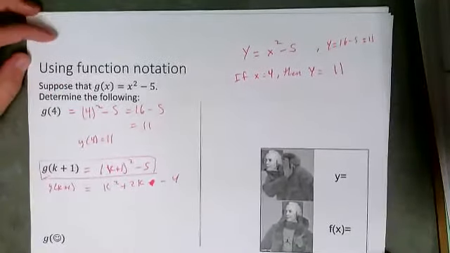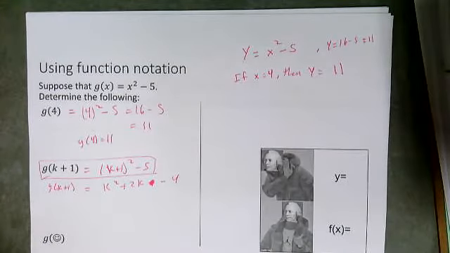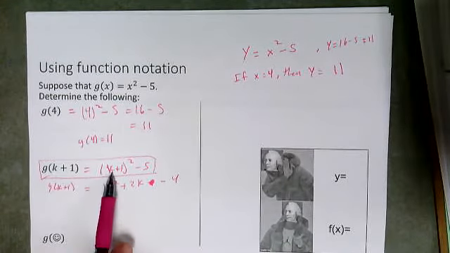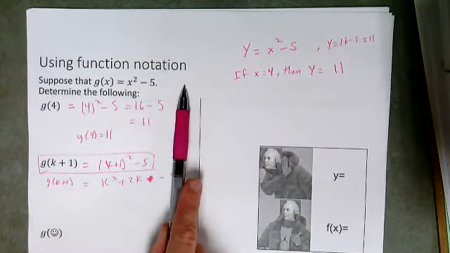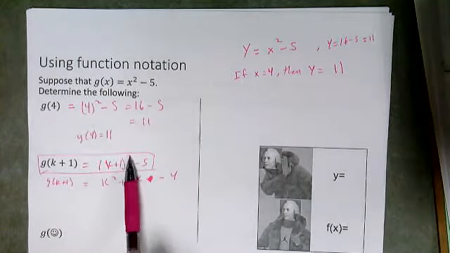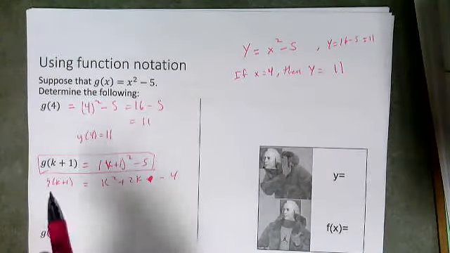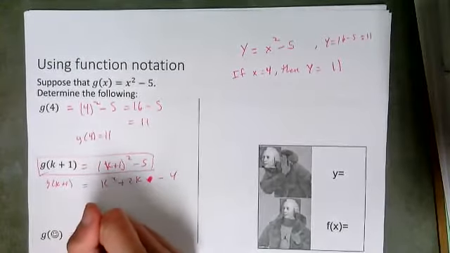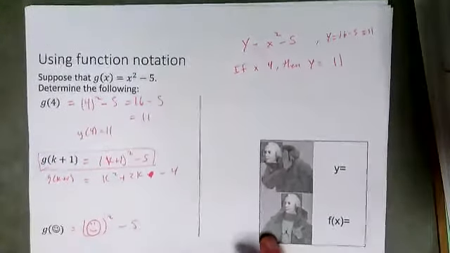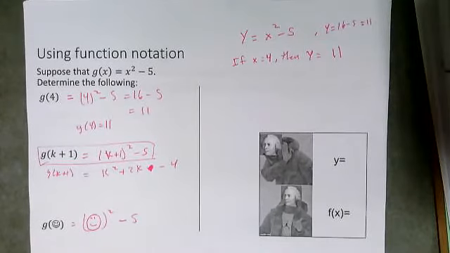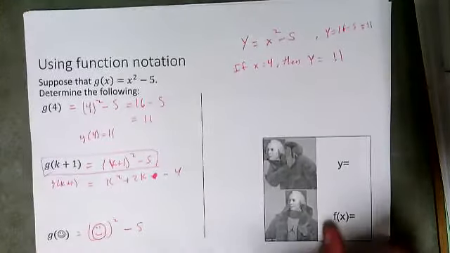It depends on what the question is actually asking for. But for using function notation, you take the input and plug it in. Your input is x, so you plug it in for every x. If you give k plus 1, you get k plus 1 squared minus 5. Whatever your input is, it could be red, could be 5, 3, whatever. So, that's how we use function notation.